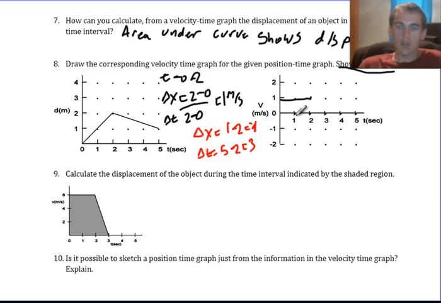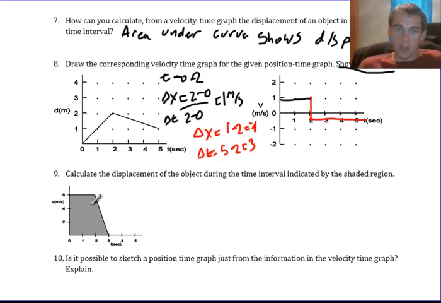Okay? So be careful, it's a velocity, direction matters. Negative 1 divided by 3 is negative 1/3 of a meter per second. So up here I'm going to draw this line. It's constant, but it's moving the other direction, so it dropped below the axis.